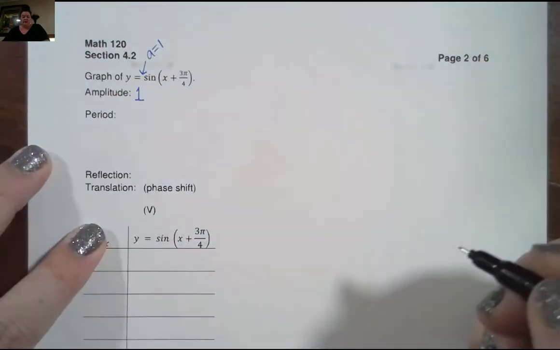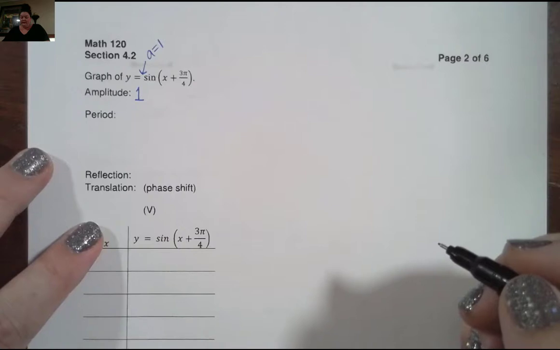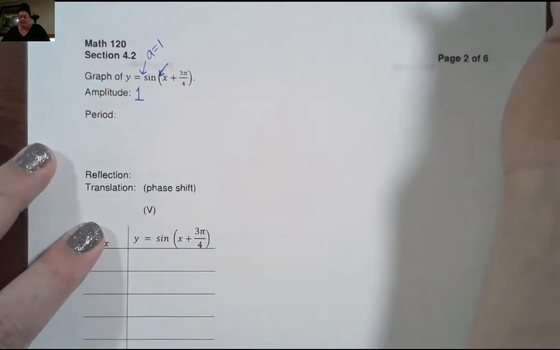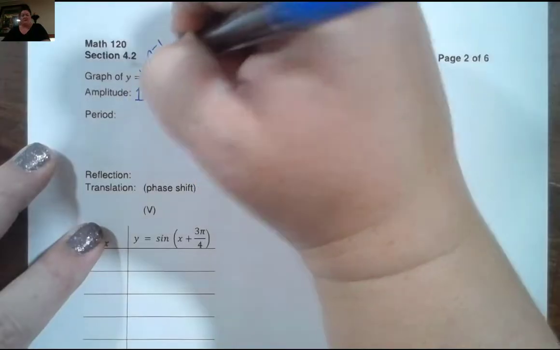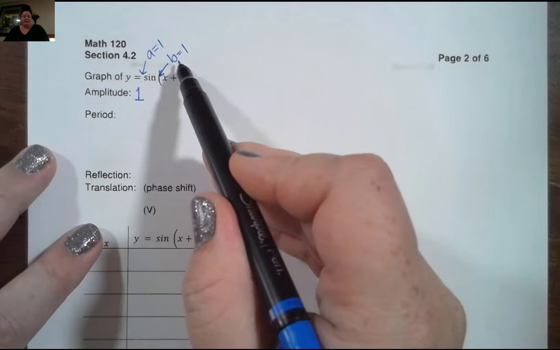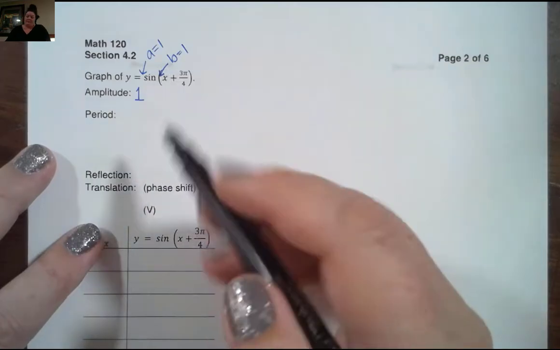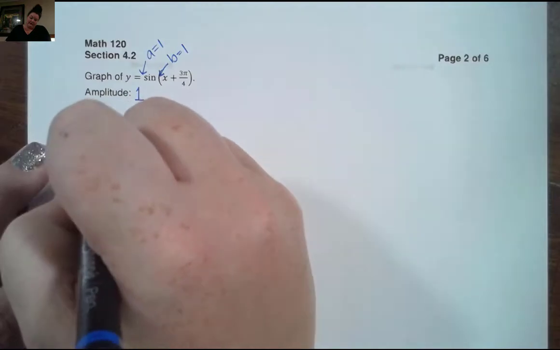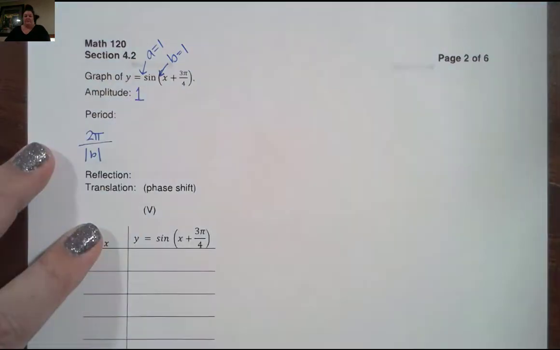Then I'm going to look for the period value. Notice there's nothing being multiplied in front of that x. If there's nothing being multiplied in front of the x, we can assume our b value is 1. And remember, we find our period by doing 2 pi and dividing that by the absolute value of b.